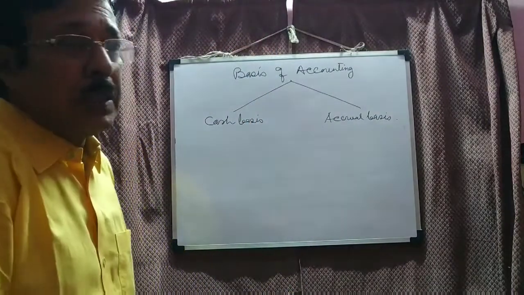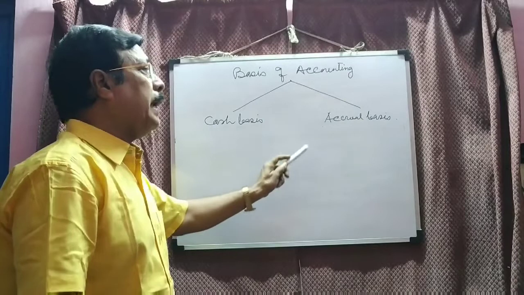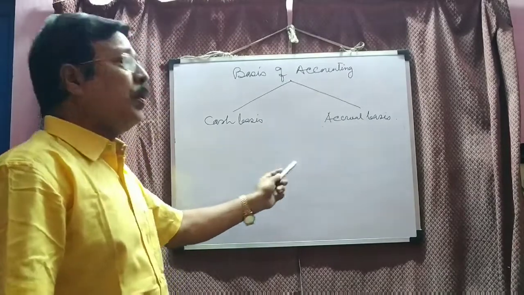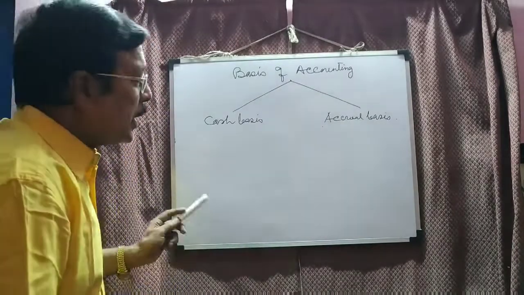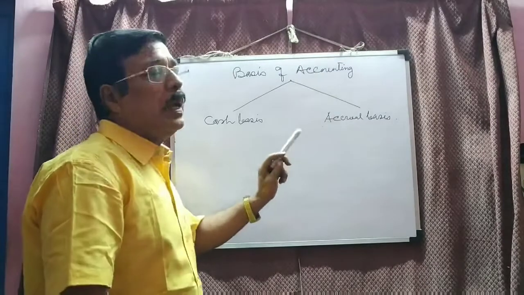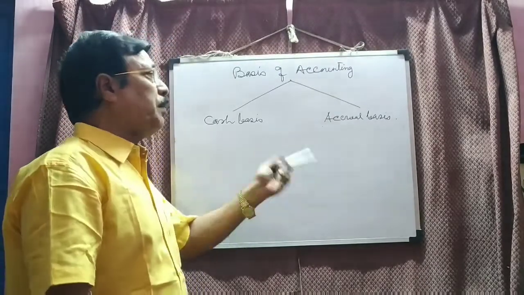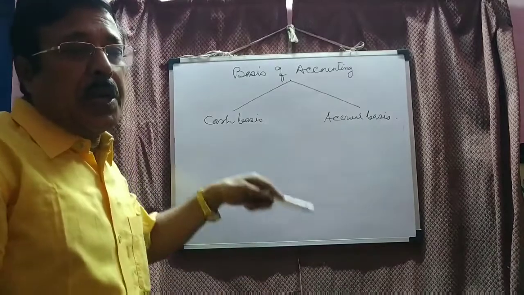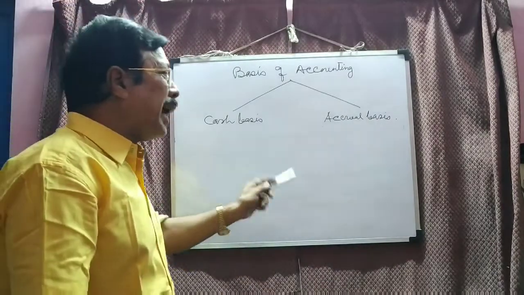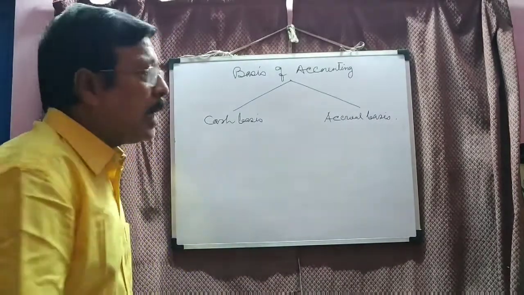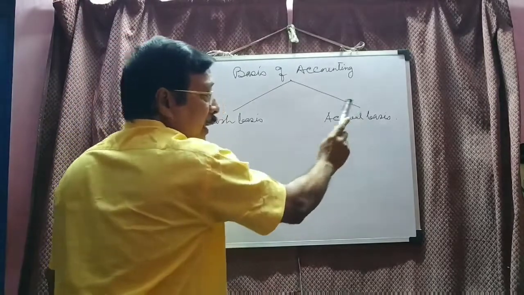What do you mean by accrual basis? That means if any revenue receipts or revenue expenses which are done in the accounting year, whether it is paid or not, whether it is received or not, it must be considered. That is called accrual basis.